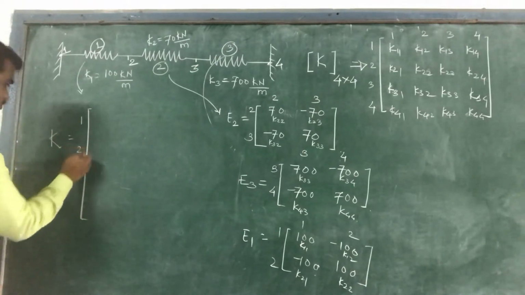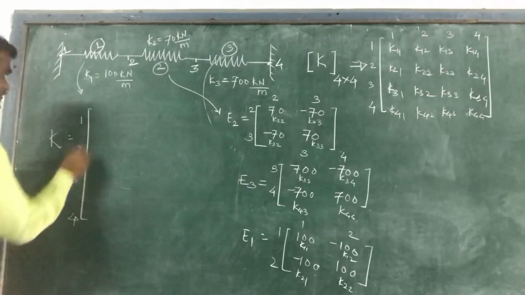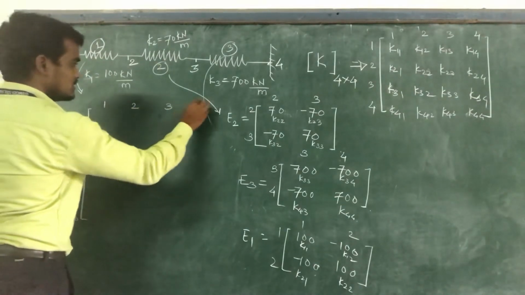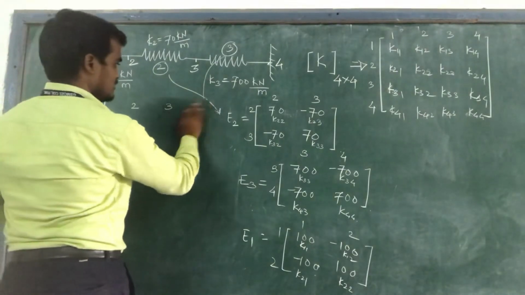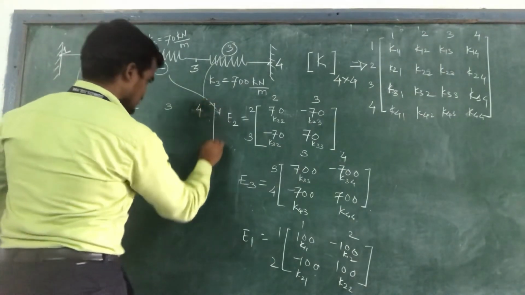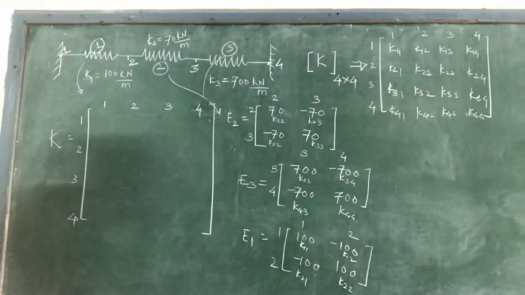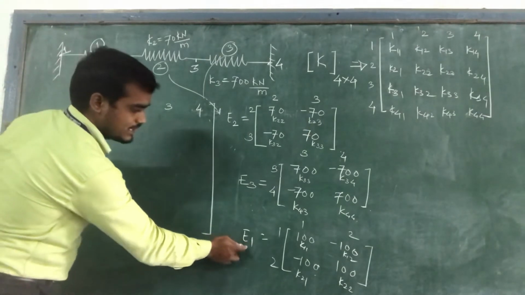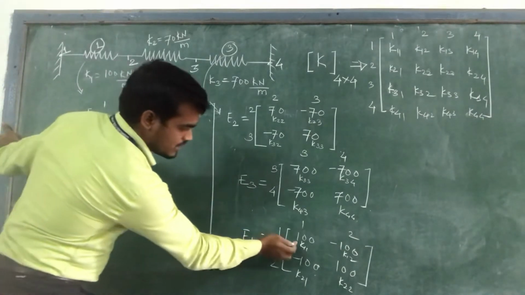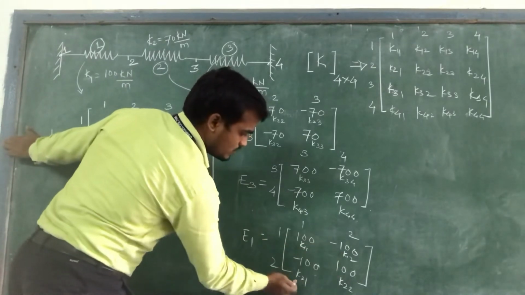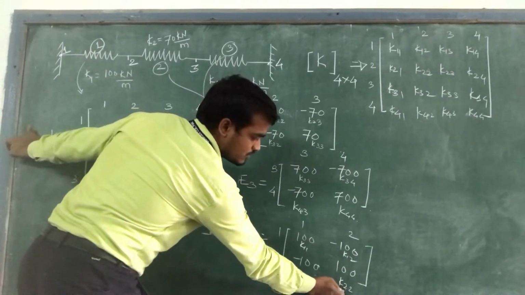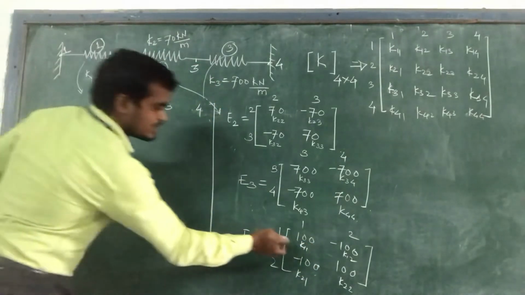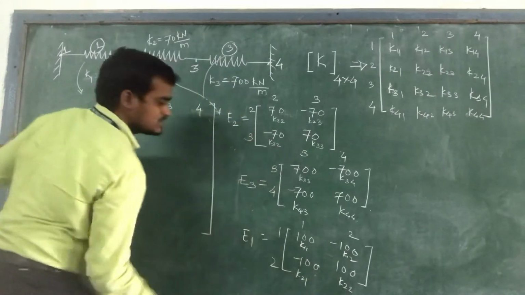1, 2, 3 and 4. Similarly here 1, 2, 3 and 4. Okay, so here position this E1. For this, only the values of K11, K12, K21 and K22 are known. So put these values into this matrix as K11, K12, K21, K22, means between 1 and 2.